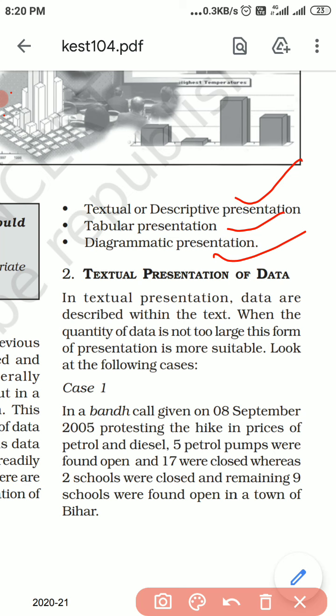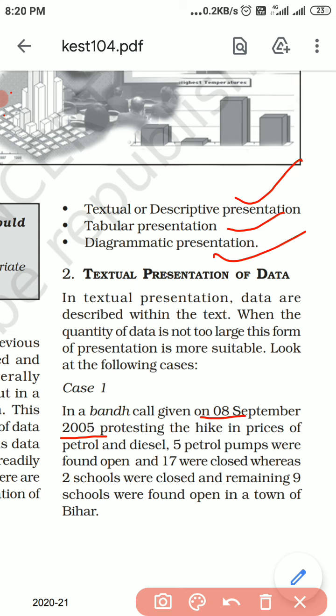So textual presentation means whenever you present the data in a sentence form like below, you can see the data, like in a Bandh call given on 8 September 2005 protesting the hike in prices.